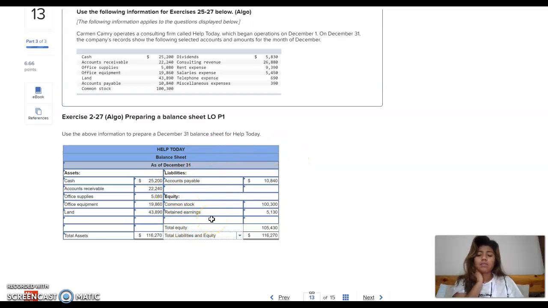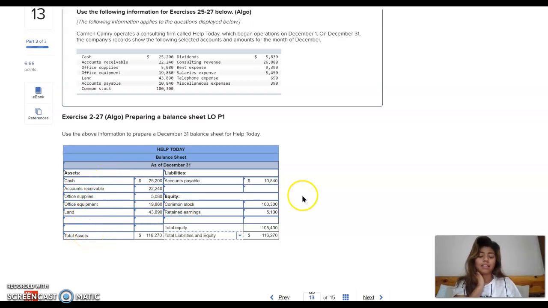Equity is, I don't know how to explain that. Equity is just like assets equals liabilities plus revenues plus common stock minus expenses and minus dividends. That's all I know. And assets are things that the company owns and is getting money from.